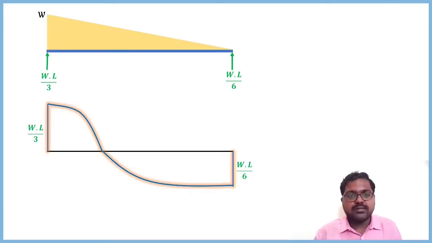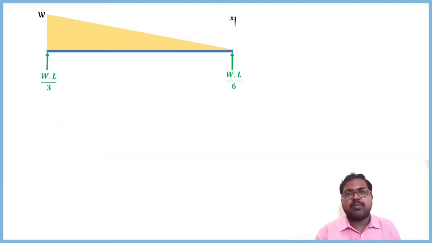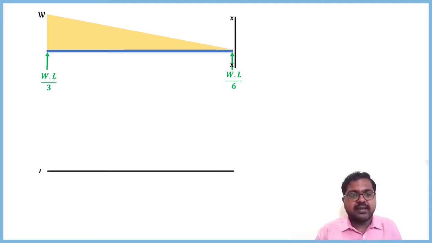So this is the simplified shear force diagram. Now for the bending moment diagram, again I am considering the section XX and I am drawing the baseline AB. We know the bending moments at A and B are 0.